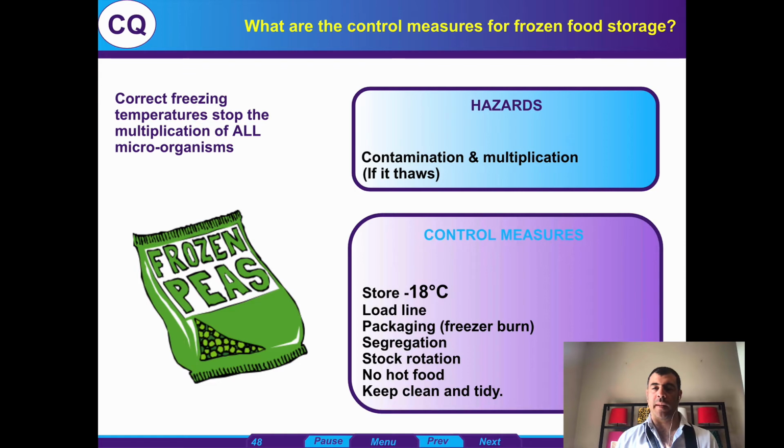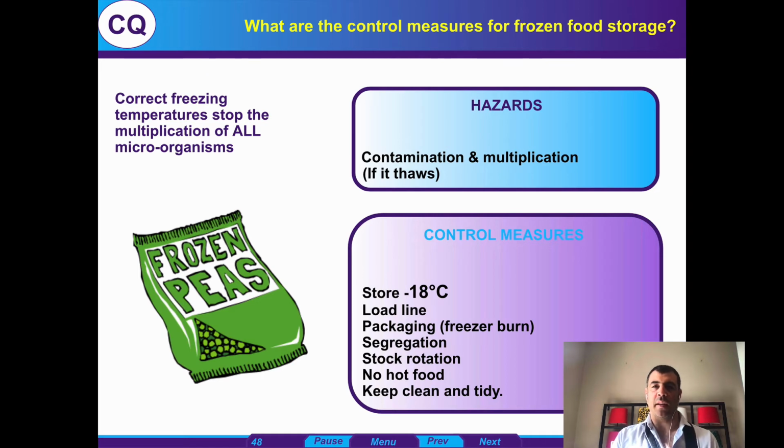We don't want that because this is breaking the cells of the product. When the food is defrosted, it will allow an excessive amount of available water to get within and therefore make multiplication of bacteria easier.